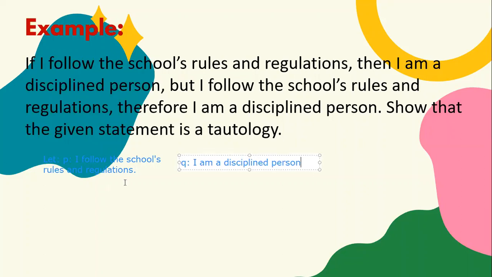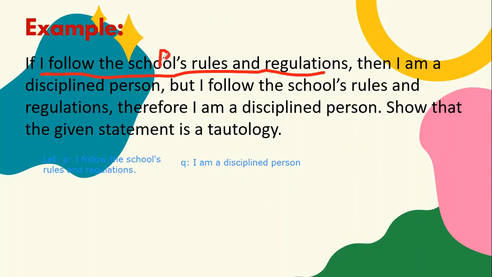So after you have converted the statements into symbols with P and Q, isusulat natin. Okay. Anyone? Paano natin siya isi-symbolize? If, ano itong I follow school's rules and regulations, that is what?